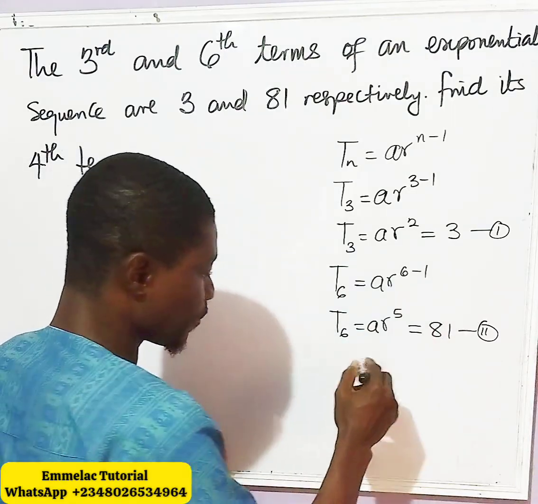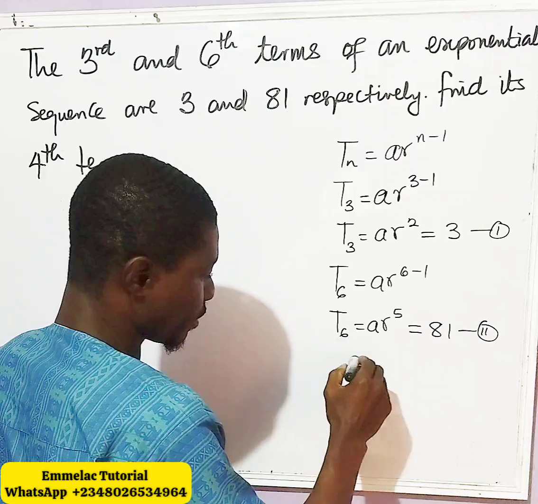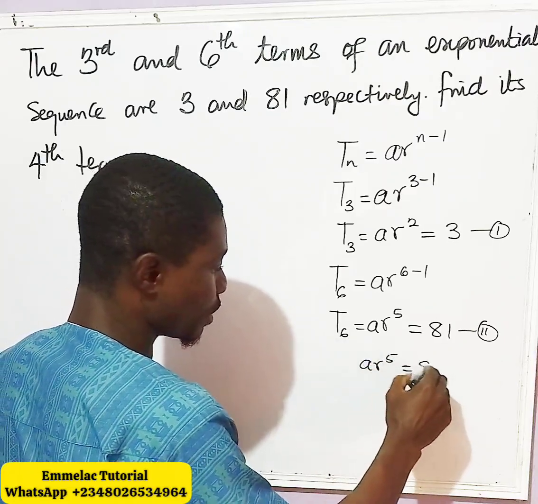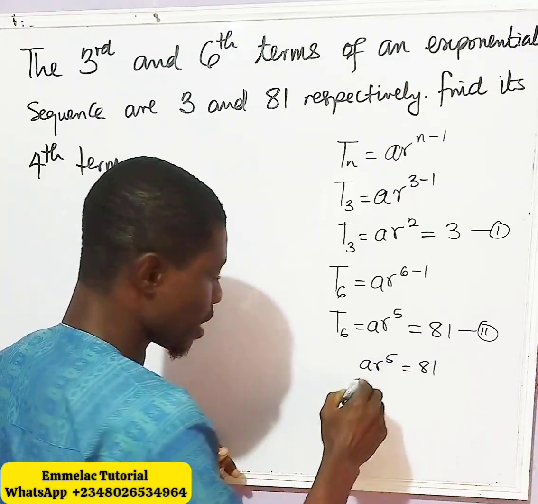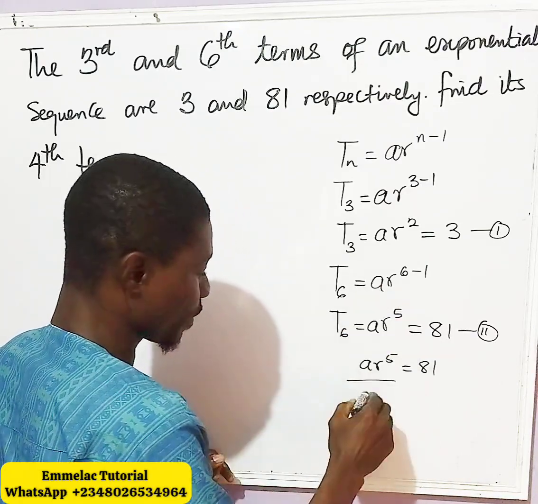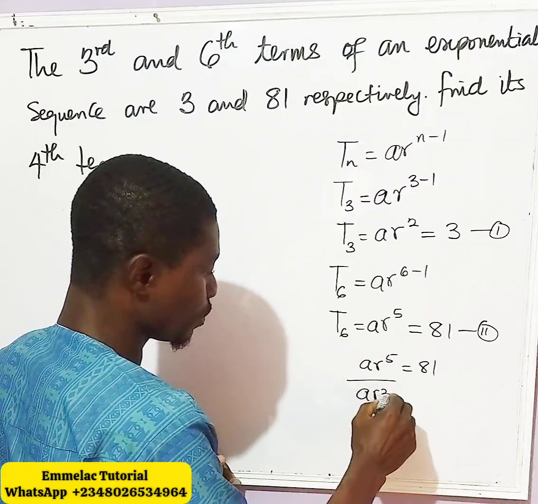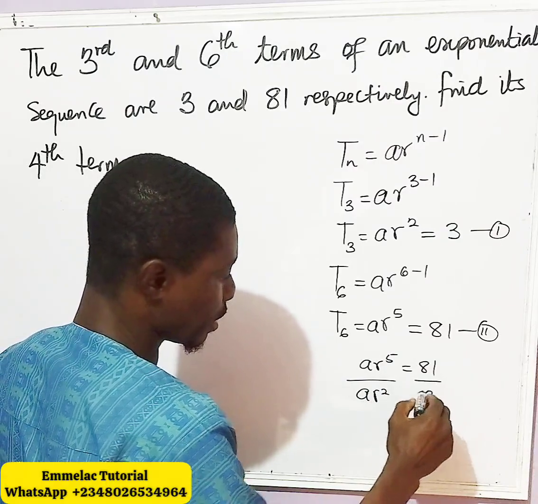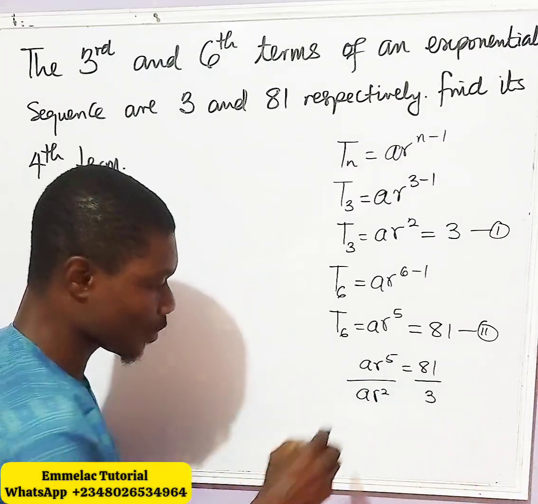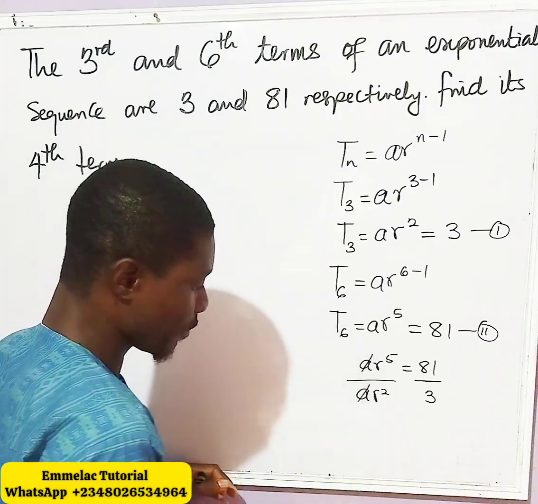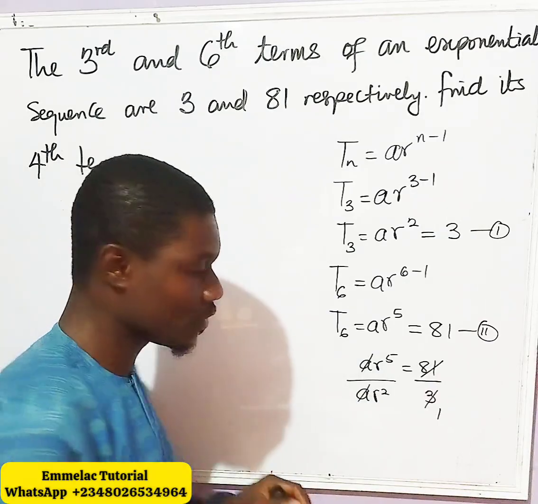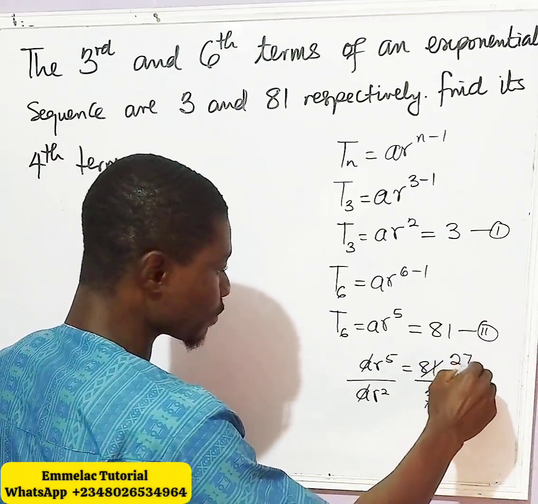Here we have AR raised to 5 equals 81, all over AR raised to 2 equals 3. You can eliminate the A, and 81 divided by 3 gives us 27.